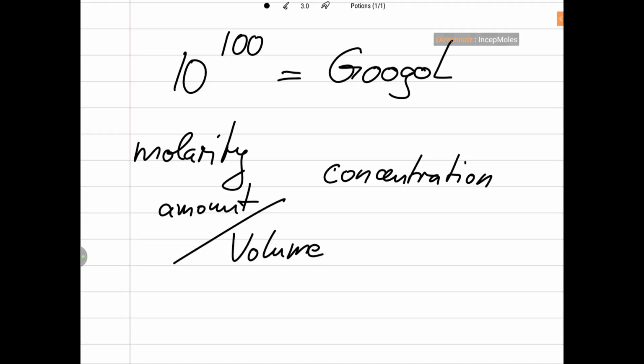So 249 people per room. Is that a concentration? In a way it is, because we have an amount per volume. Volume is the room, per 100 cubic meters or something like that.